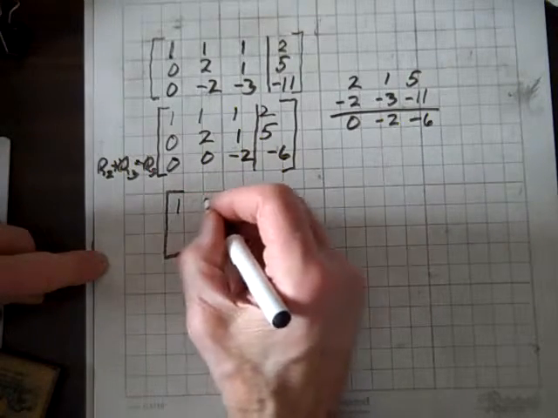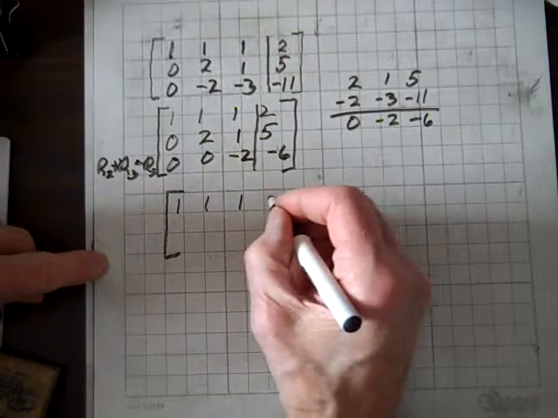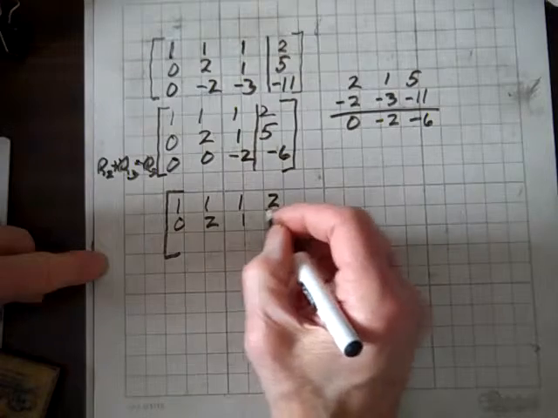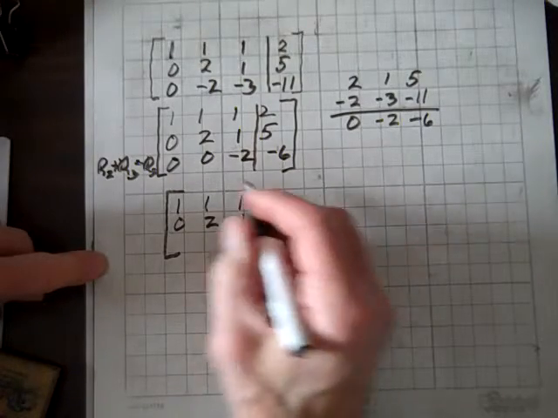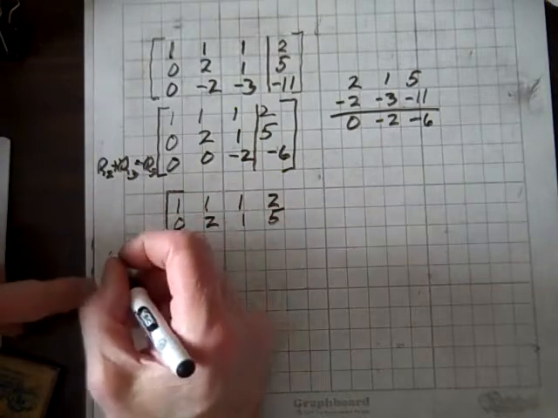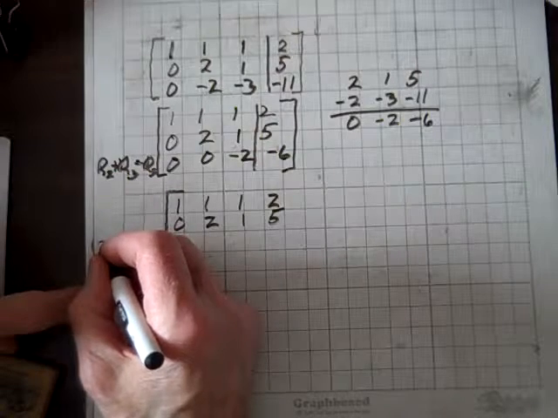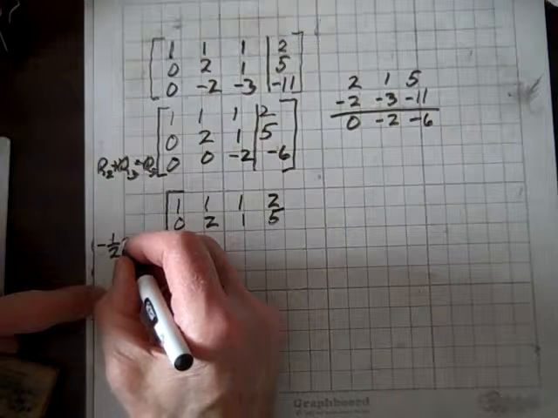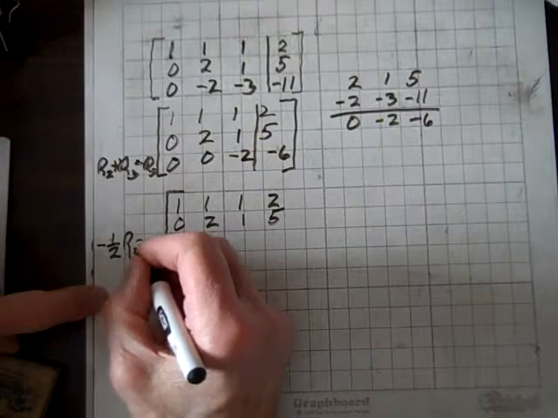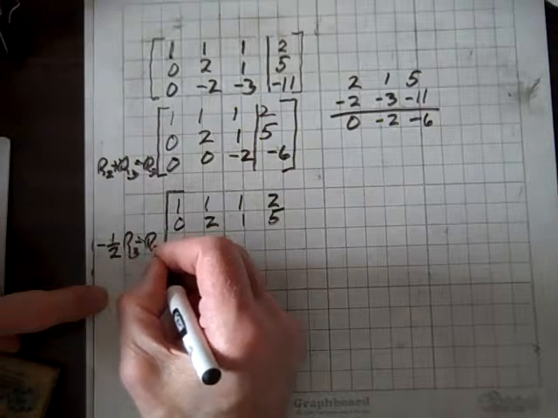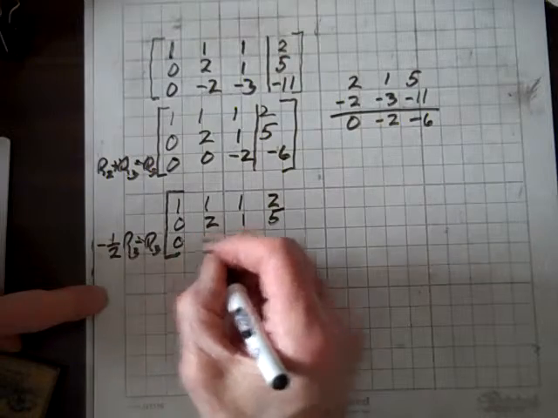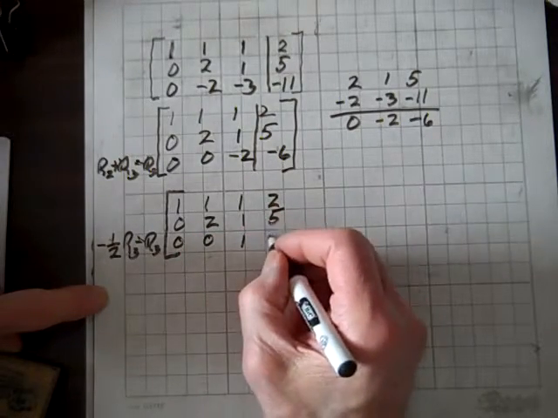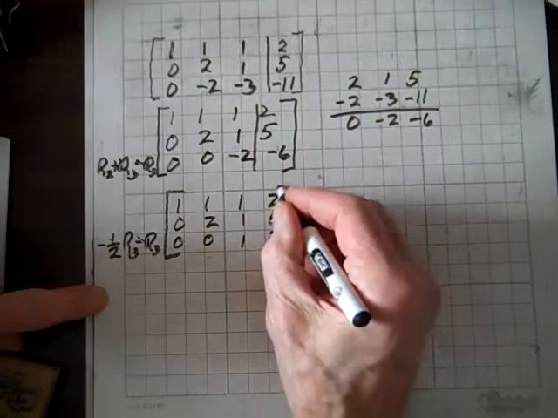So there's row 1. Row 2 doesn't change, 2, 1, 5. But we're going to multiply row 3 by negative 1/2. So negative 1/2 row 3 will replace row 3, and we get 0, 0, 1, and 3.